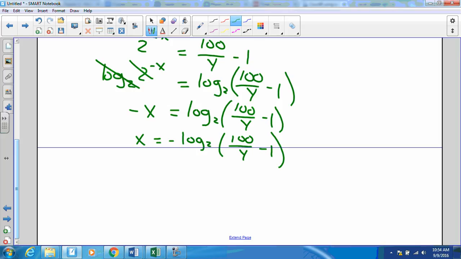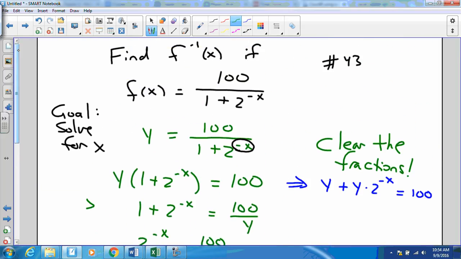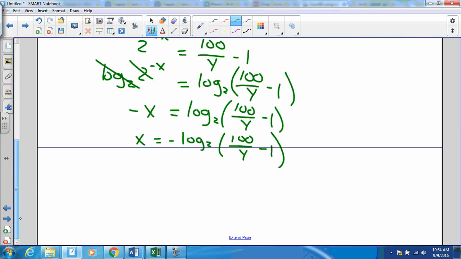And lo and behold, I have found my inverse, but I need to clean it up a little bit. The original problem told me to find f inverse of x. If I go down and look at my answer here, what variable is given to me in this expression? The y. This is f inverse of y, not f inverse of x.